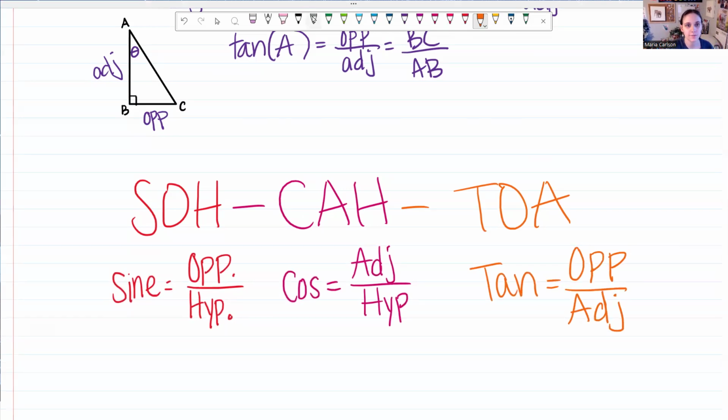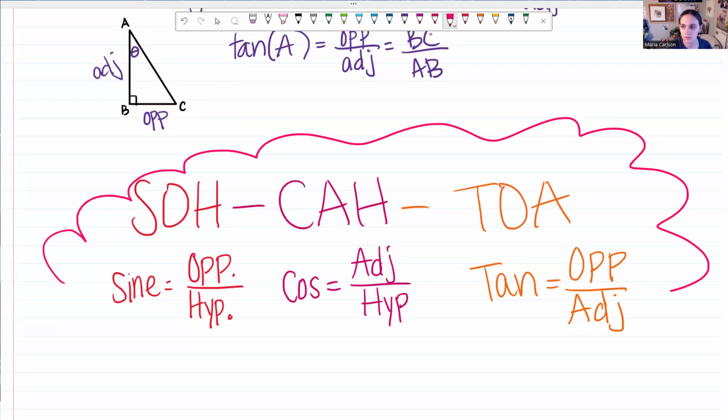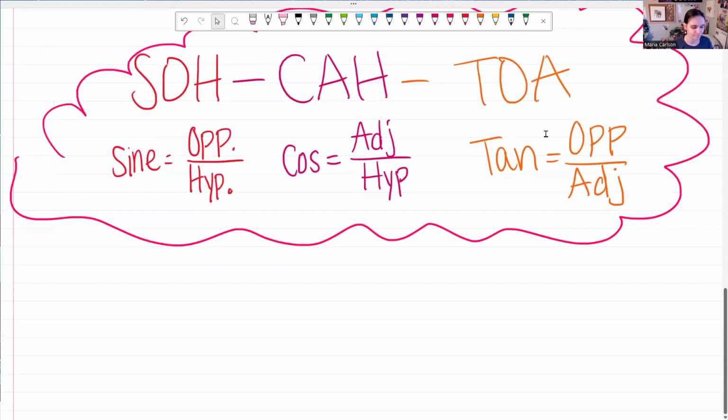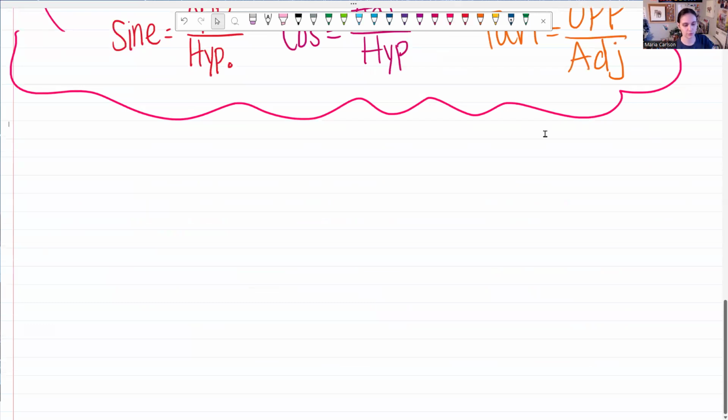So this is a very, very, very helpful acronym that I would write down in my notes, and anytime I'm doing some sort of trig problem, I would put this up at the top of my paper so that way I can refer back to it. So let's look at some examples.